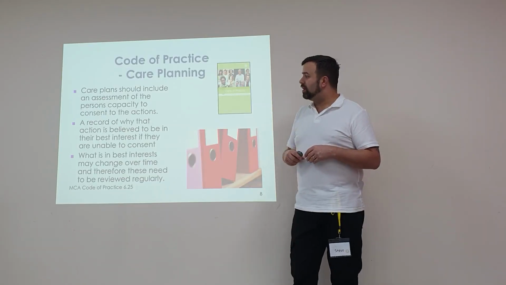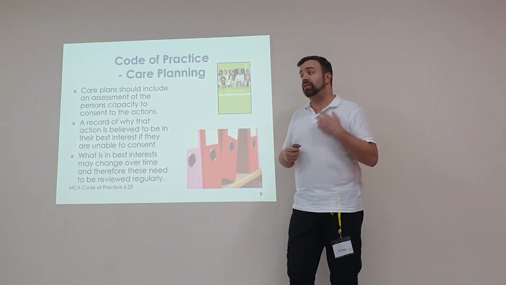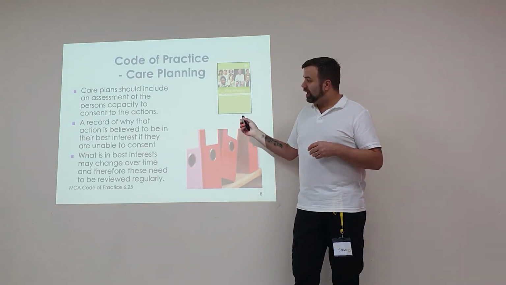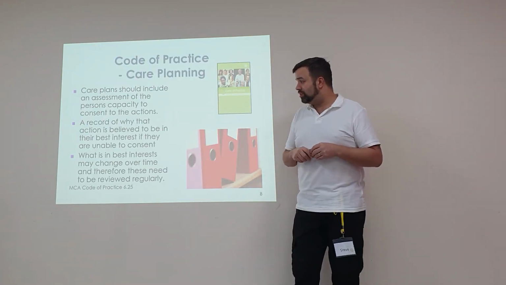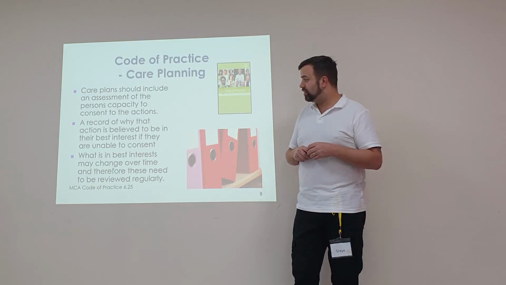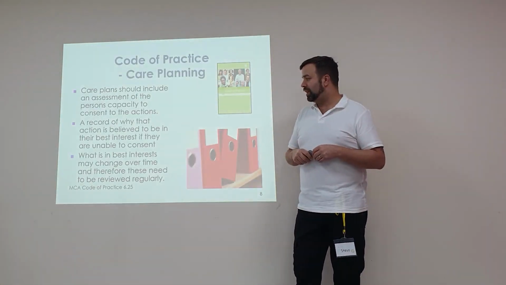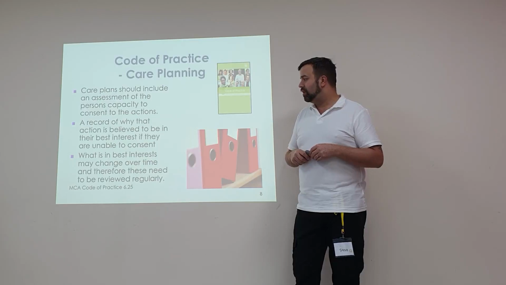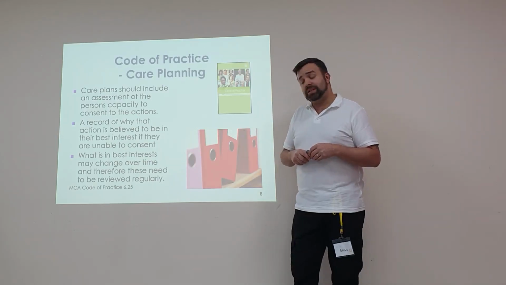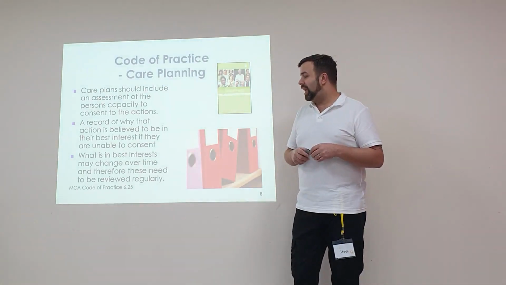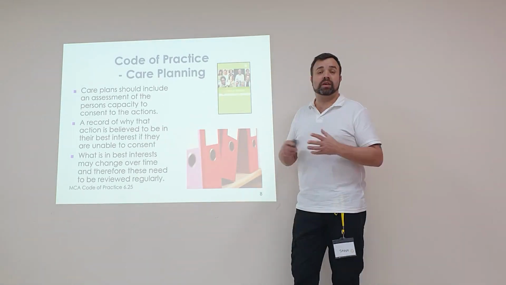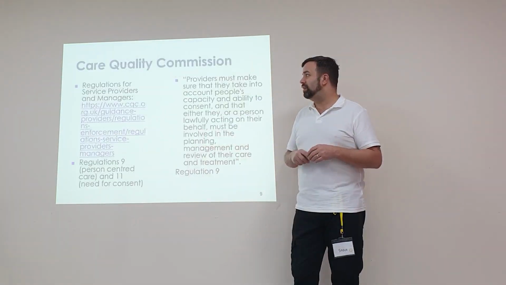The Code of Practice looks at the best practice for working with consent and capacity. It's important that we record any decisions reached and how they were reached, or if we were unable to gain consent and why we were unable to gain consent. We need to work sometimes in the best interest of somebody, and again, that may require a collaborative or multidisciplinary approach.